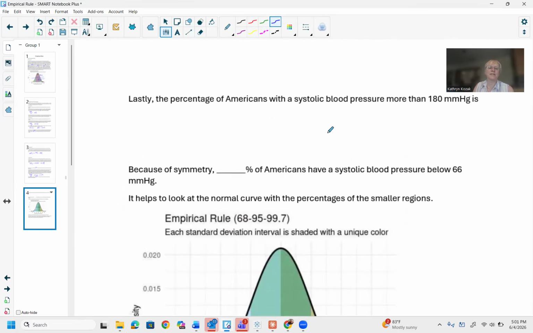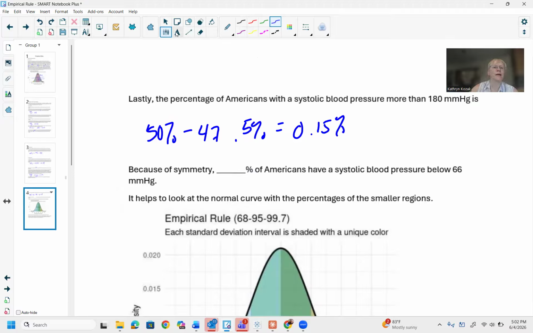And lastly, the percentage of Americans with systolic blood pressure more than 180 is the 50% minus the 47.5%, which is 0.15%, actually.